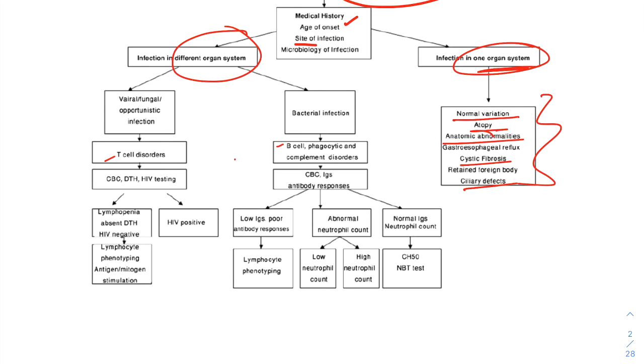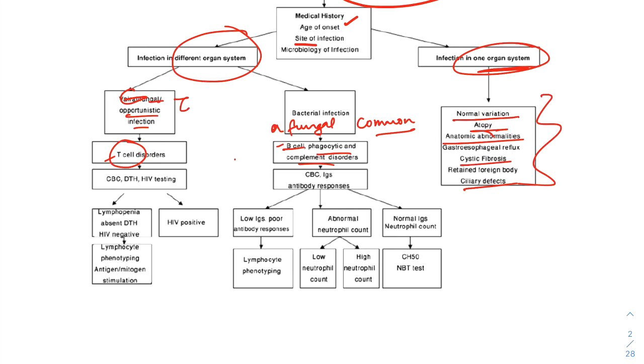If the patient has recurrent viral, fungal, or opportunistic infections, it points towards a T cell disorder. However, a recurrent bacterial or fungal infection by common pathogens points towards a B cell, phagocytic, or complement disorder.